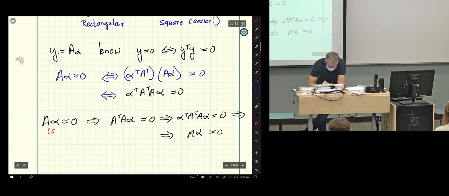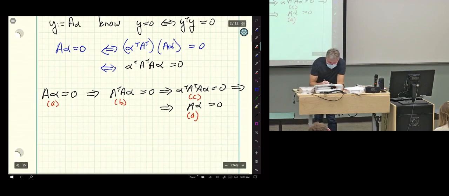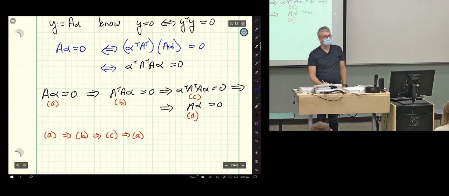Let's call this A. Let's call this B. Let's call this C. And then this is just A again, okay? We have A implies B implies C implies A again.